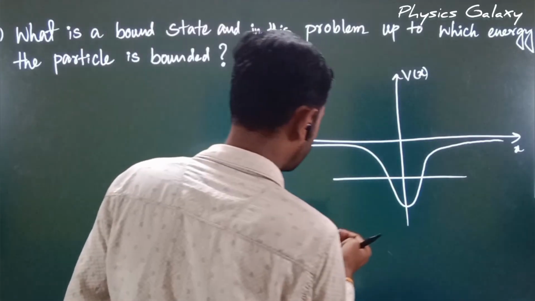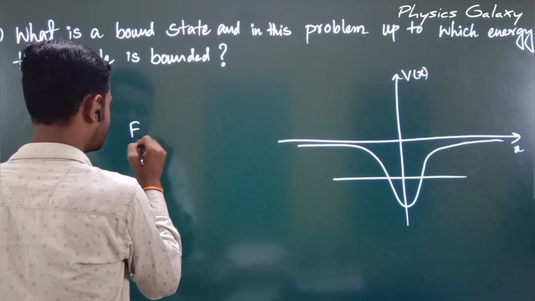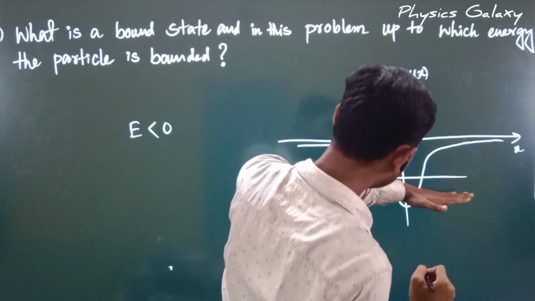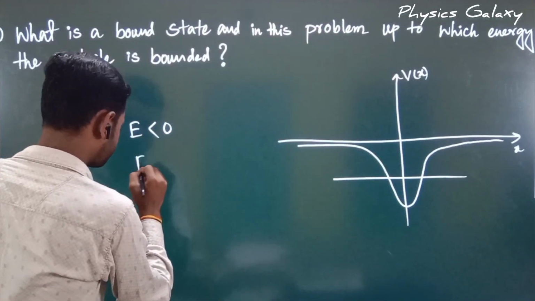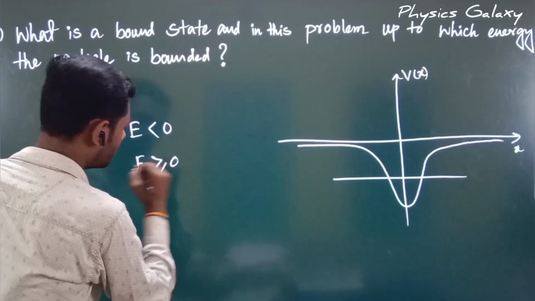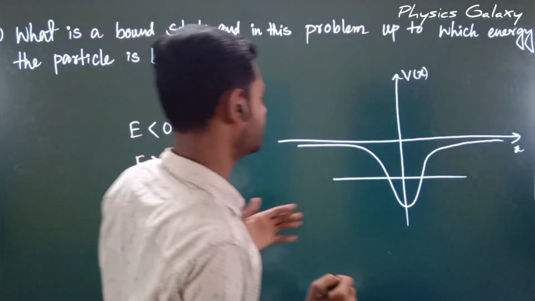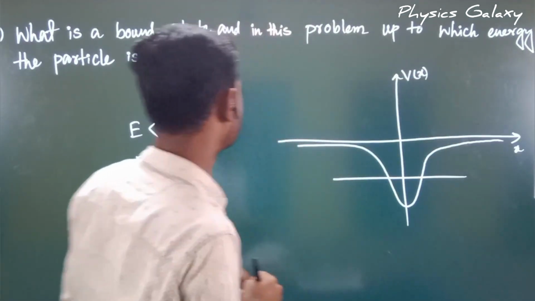The answer to this question is when energy is less than zero. When energy is less than zero, the particle is bounded, and when energy is greater than or equal to zero, the particle is unbounded. I can say this is the bounded state and this is the scattering state of the system.